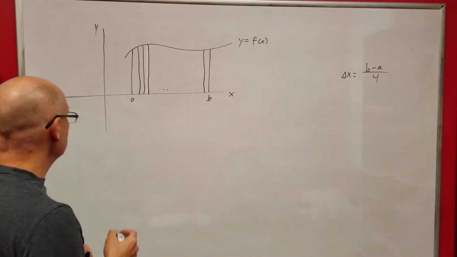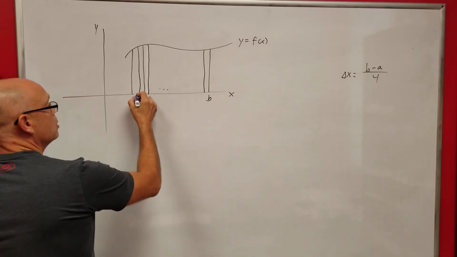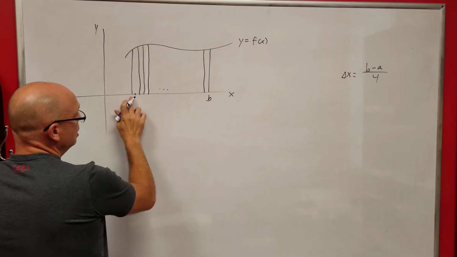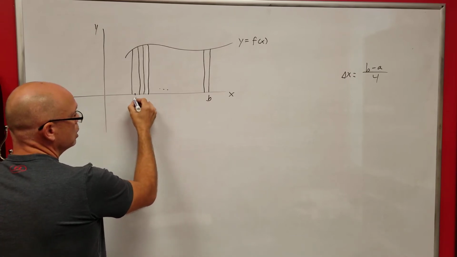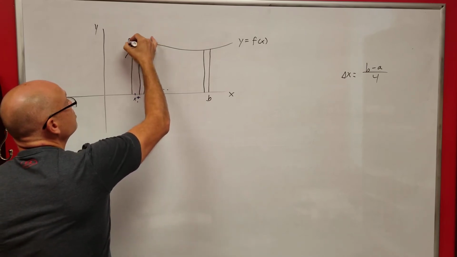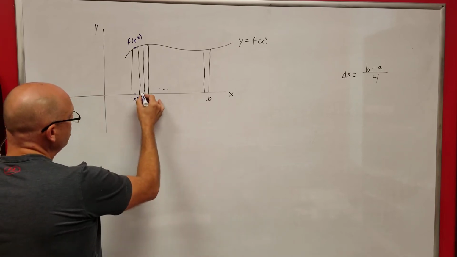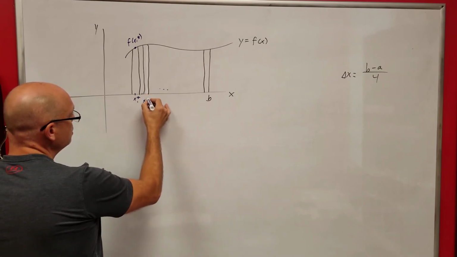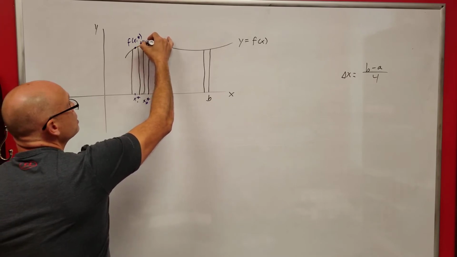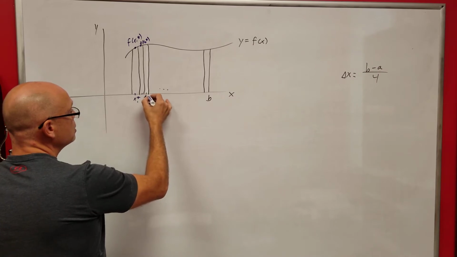Now, what I'm going to do is I'm going to pick a point right here, halfway between this interval right here. I'm going to call that x1 star, okay? So what would this height be? F of x1 star. Then I'll pick a point right here. We'll call that x2 star. So this height will be f at x2 star, right? Then I could pick an x3 star and so forth.